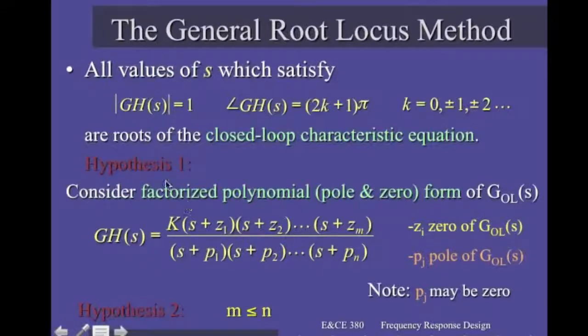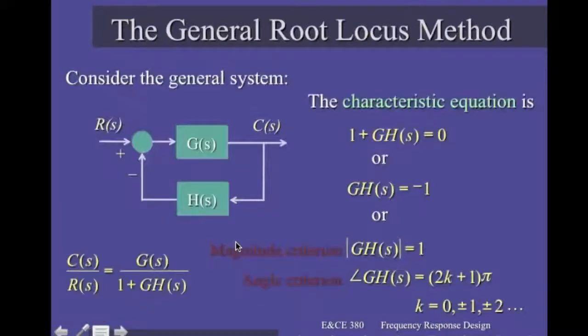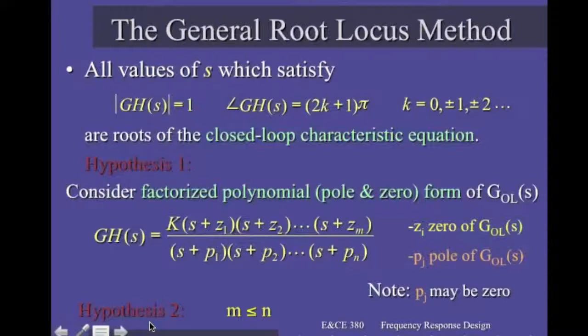Then after such a hypothesis, we have to take this form and replace it here, because the characteristic equation is 1 plus GH equal to 0. After that, we make a second hypothesis.